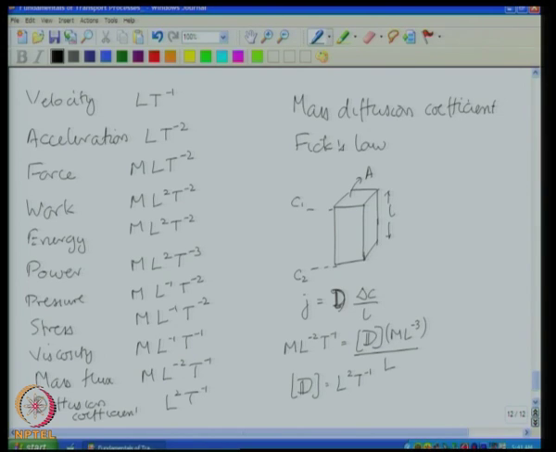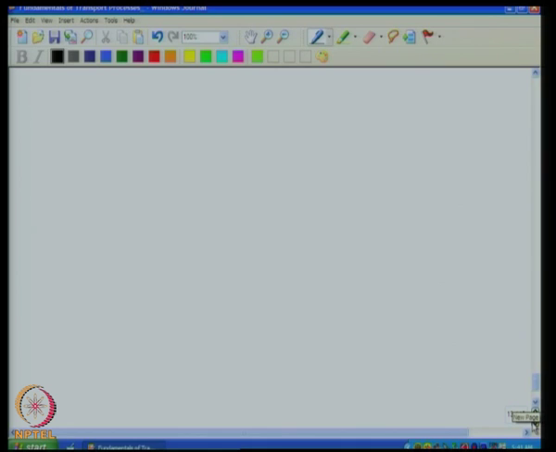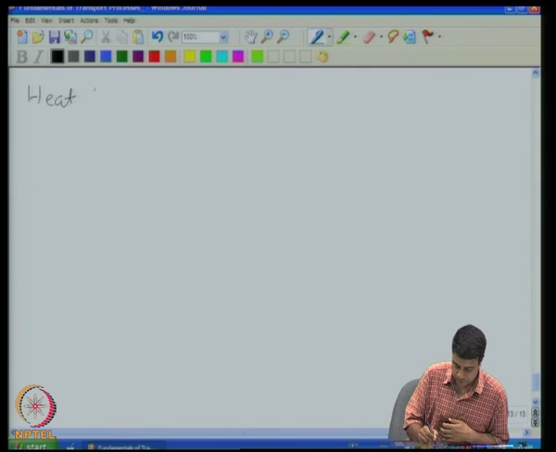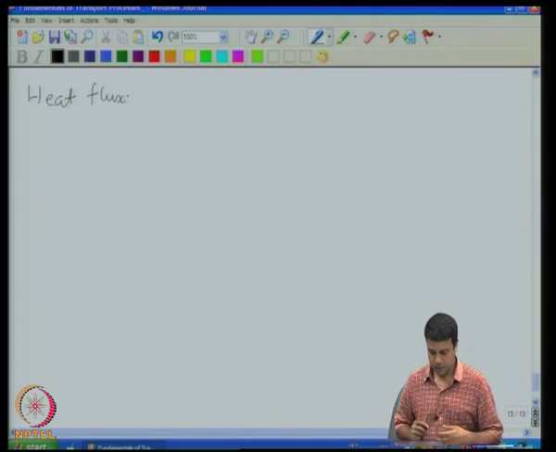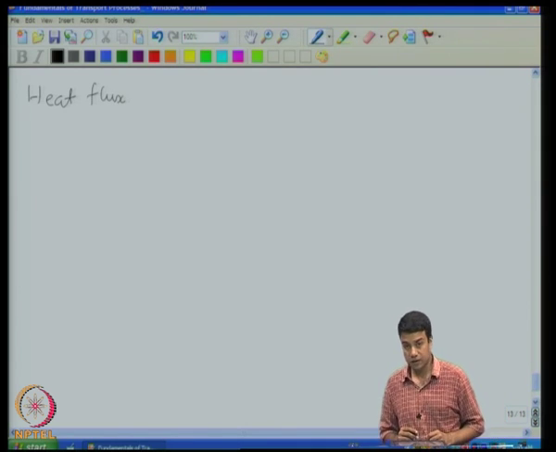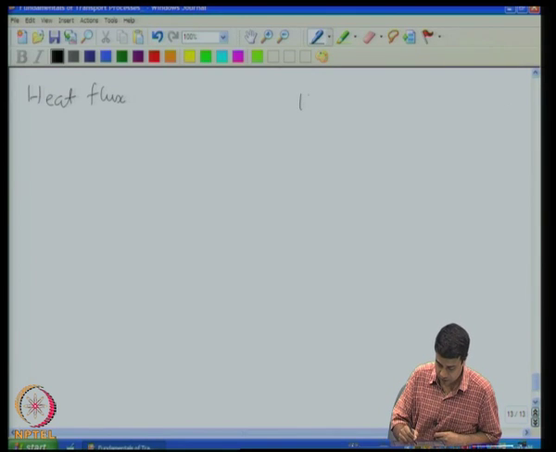So, these are quantities that are related to transport of mass. How about transport of heat? The fundamental quantity here is the heat flux. Heat flux is the heat energy that is transported, equal to energy transported per unit area per unit time.